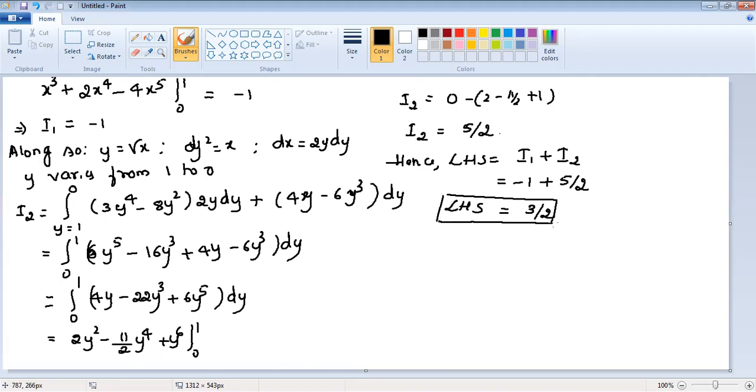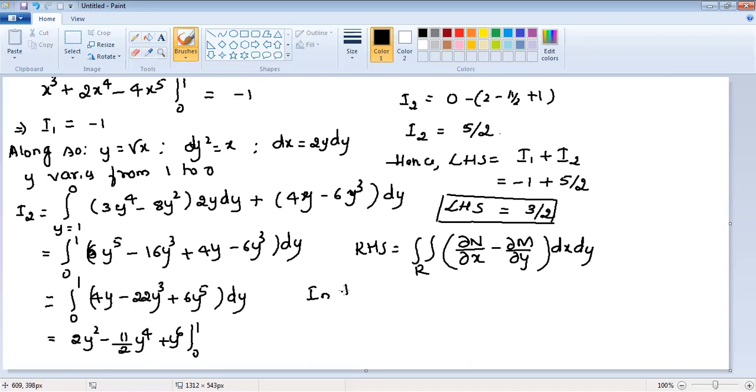Now we need to find RHS. So what is RHS formula? So RHS is the double integral over region R of dou n by dou x minus dou m by dou y into dx dy. So in the given equation, what is m? Just I am writing it for your convenience.